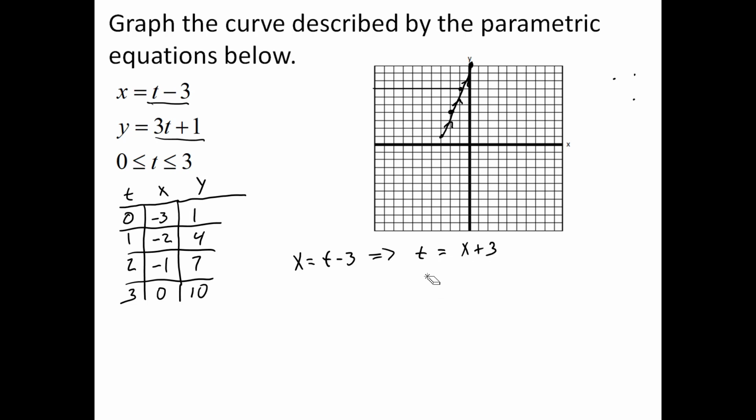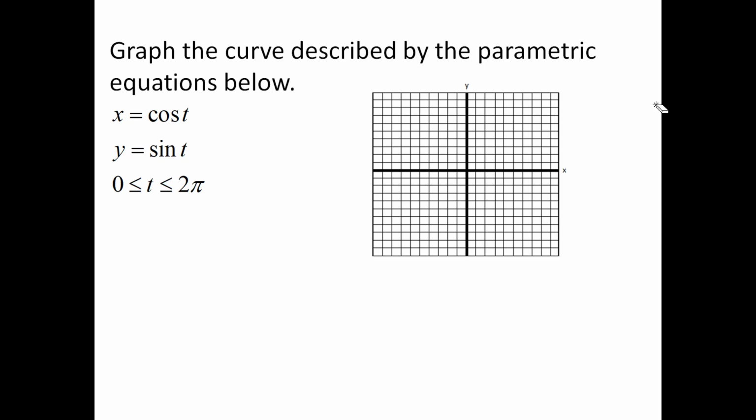Then in your second formula, you substitute x plus 3 in for t, and you get 3 times x plus 3 plus 1, which is 3x plus 9 plus 1, which makes that a plus 10. And you see that the rectangular equation, the regular equation, is y equals 3x plus 10. It's just a line.